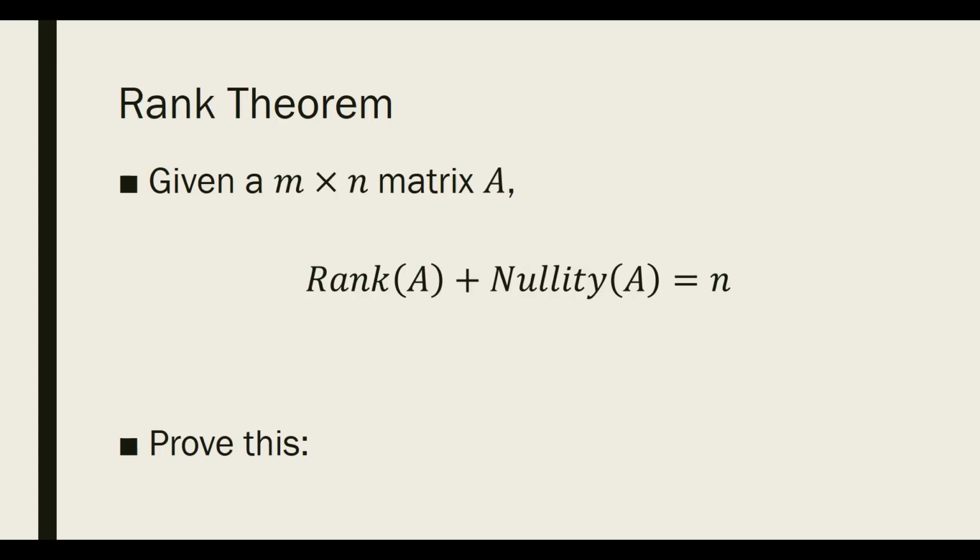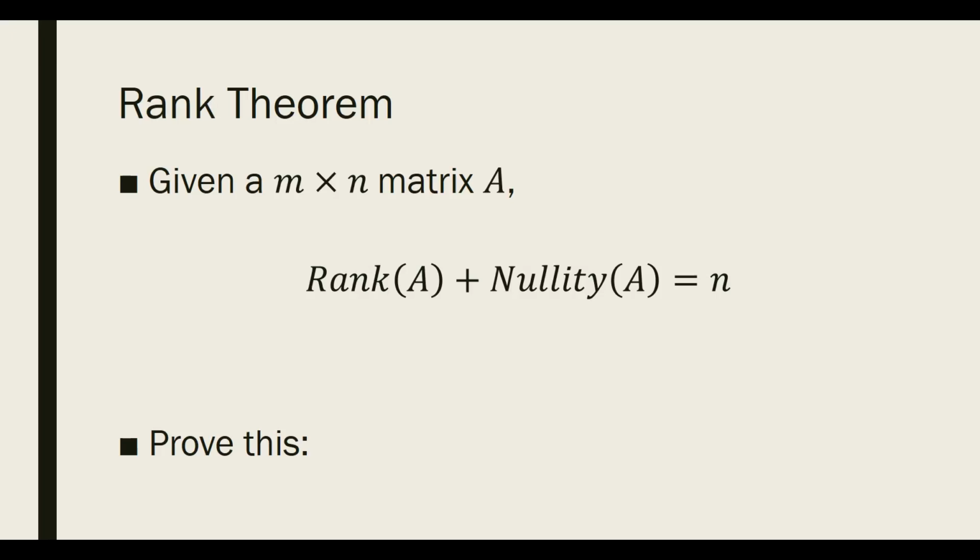Each pivot column is going to represent a vector in the basis for my column space. Each free variable represents a vector in the basis for my null space. So the total number of columns has to be rank plus nullity.